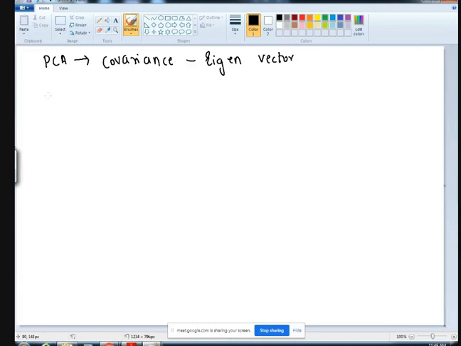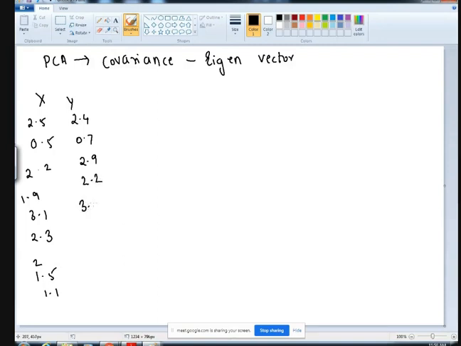Let us say there is a problem in which you have X and Y, and there is a data set given. Let me say there are 10 data points in our case, and this is how it is given: 0.7, 2.9, 2.2, 3.0, 2.7, 1.1 and 0.9. This is the data set that has been provided.